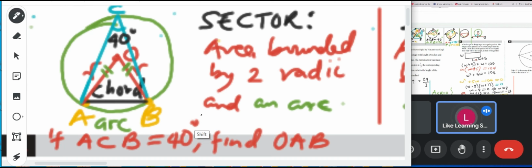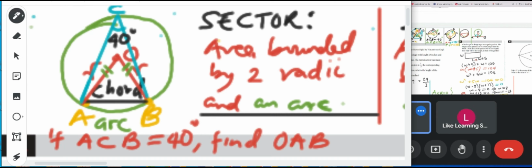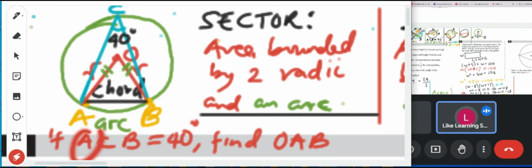You know what you can do? See the angle ACB. This angle here is 40 degrees. So what's angle OAB? That's this angle here. You know how to name angles now?